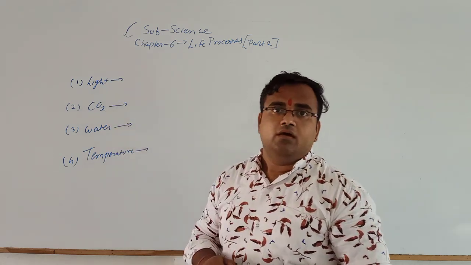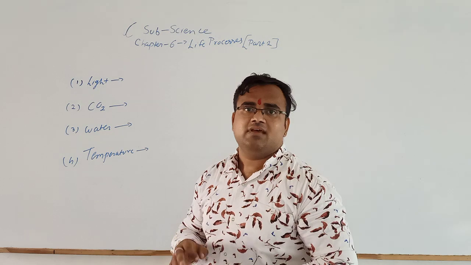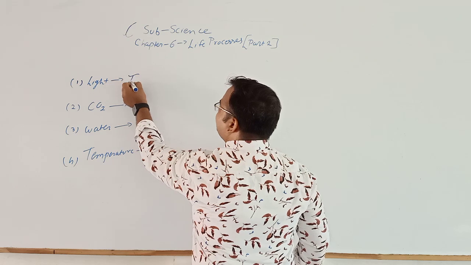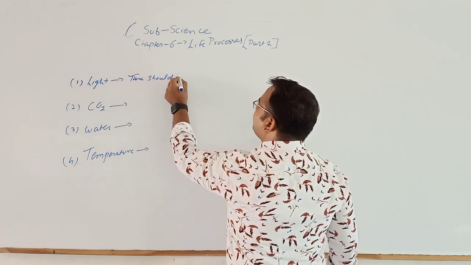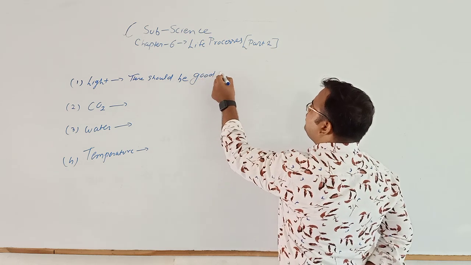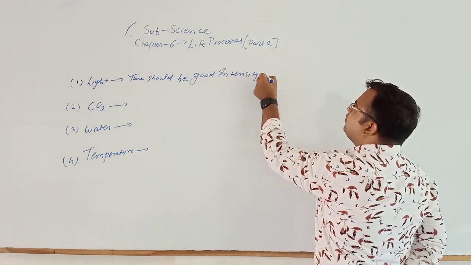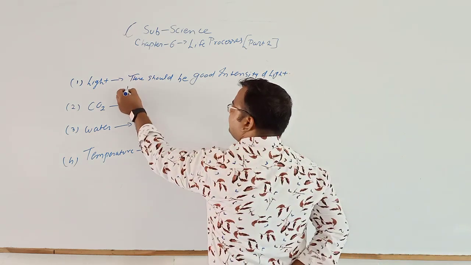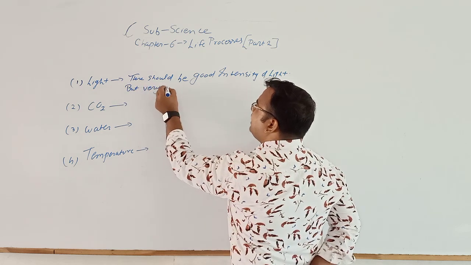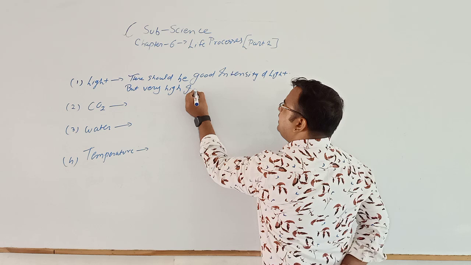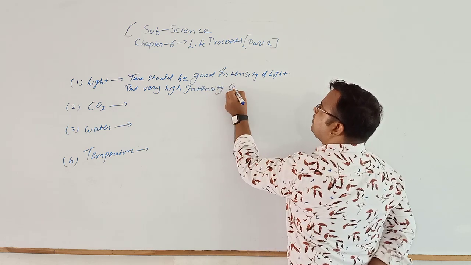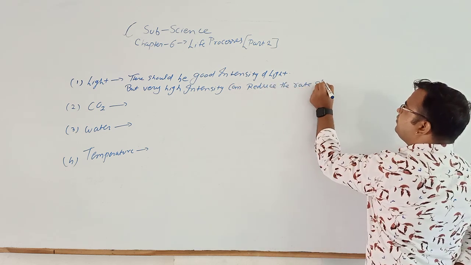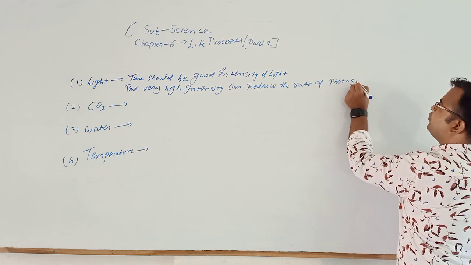First, light. For the process of photosynthesis, there should be a good intensity of light, but very high intensity can reduce the rate of photosynthesis.